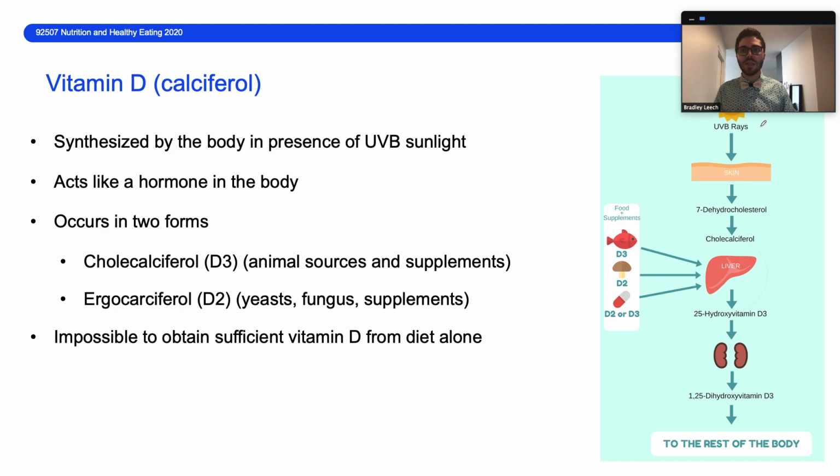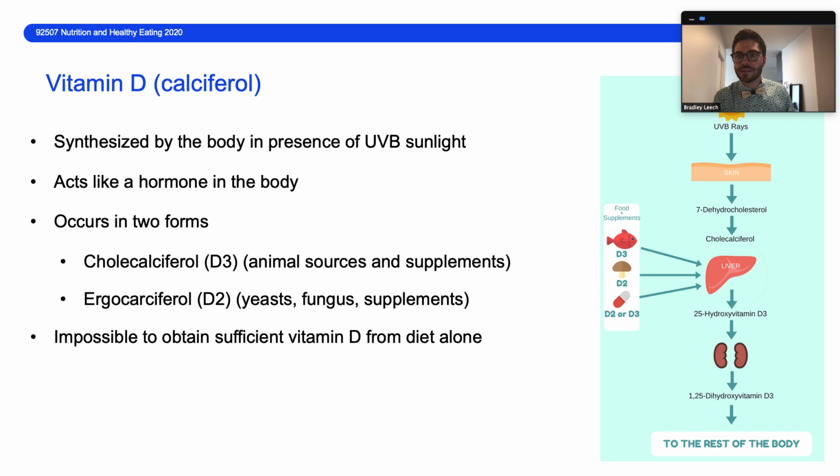Now, the interesting thing about vitamin D is that it actually acts like a hormone within our body. So although we call it vitamin D, potentially we should be calling it hormone D instead, which would be a more accurate representation of how it acts and works within our body.